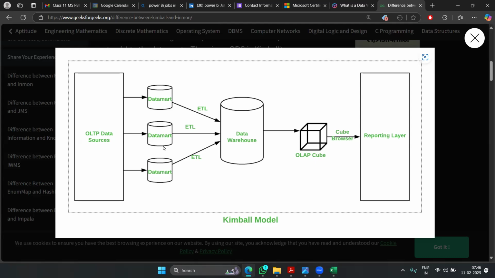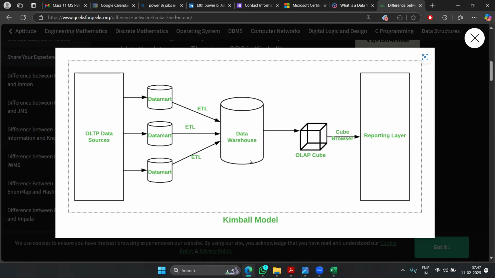What it says is that if you have a bigger task, just break it into actionable items and then deliver them, correct? Now, Kimball has suggested this. Take each and every department, analyze it, create the data mart for it, and then integrate all these data marts as a warehouse at the enterprise level.